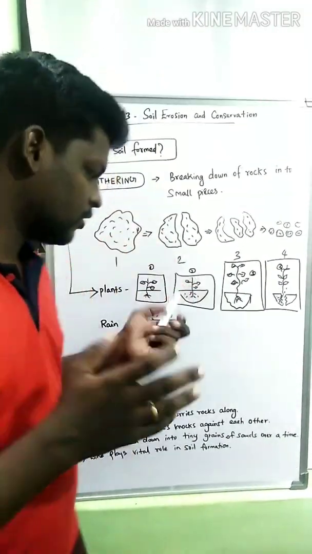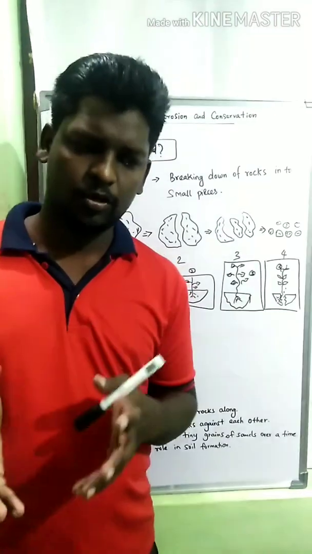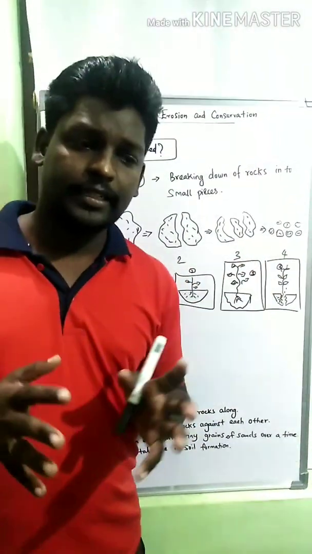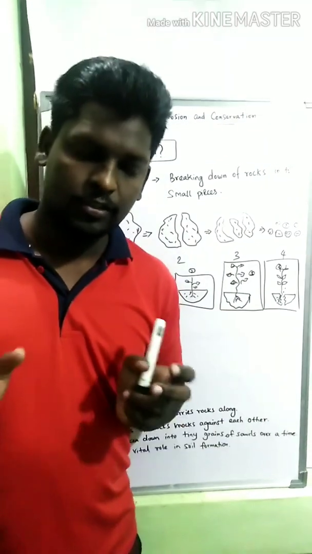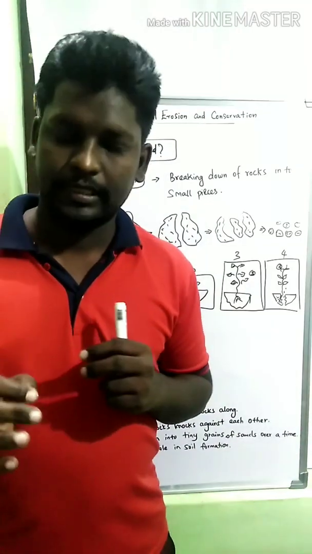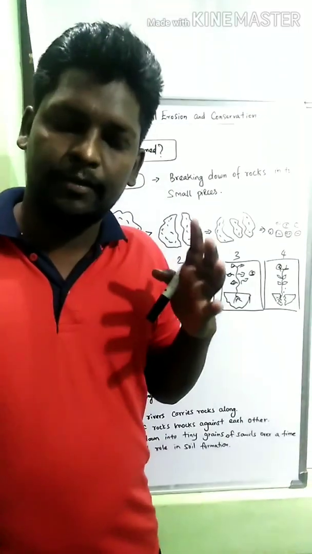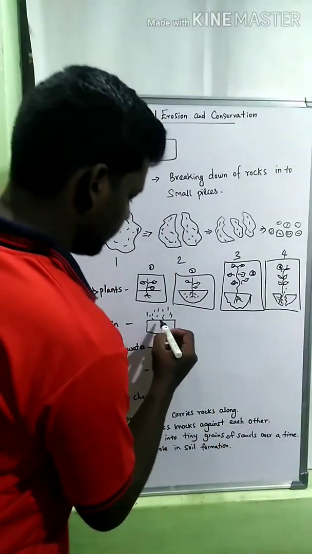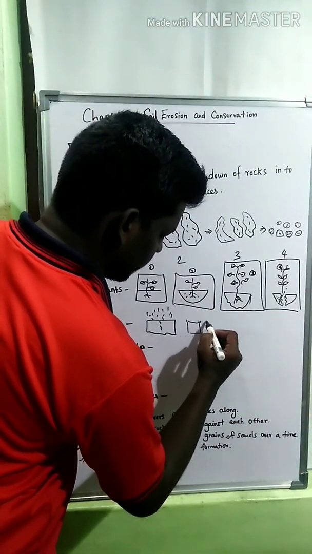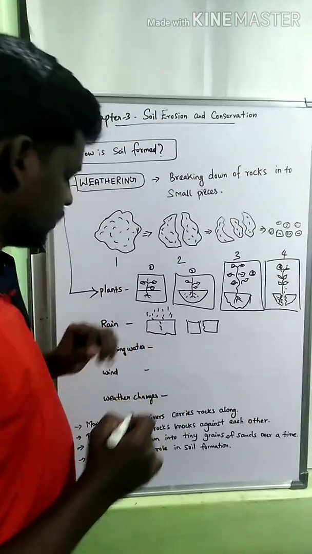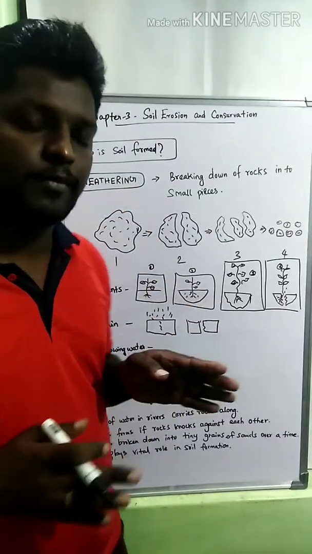Likewise, here also the same process happens. After pouring of water for a long time, as I told you, it does not happen within a week or a month. It requires at least a year. After that, the pores present in the rocks become weaker, and there will be some cracks at the beginning. After that it will be broken down totally. So this is how rain also helps the weathering process.